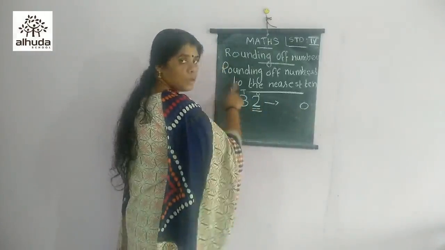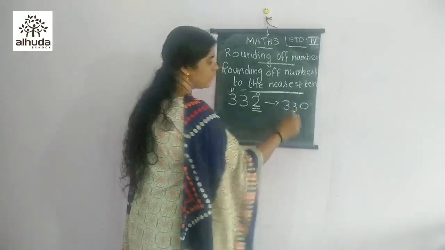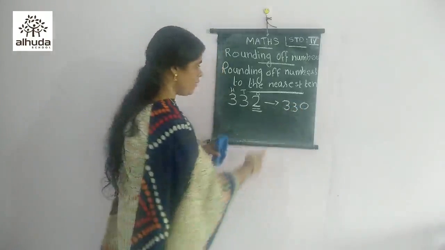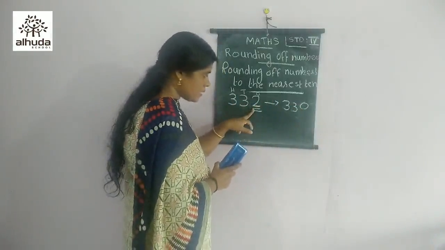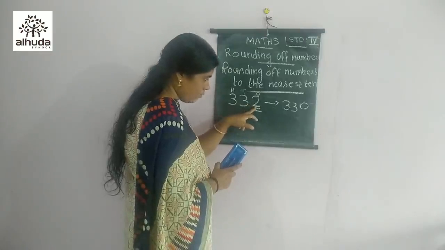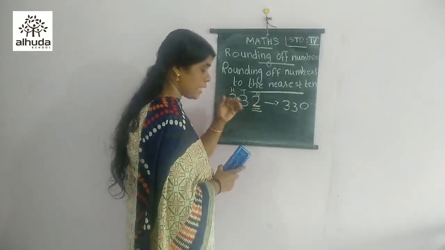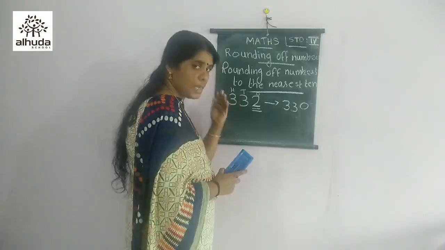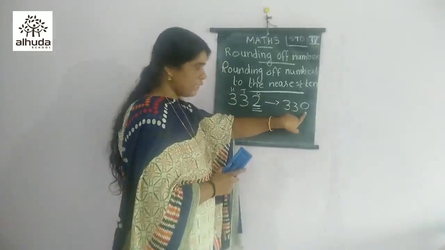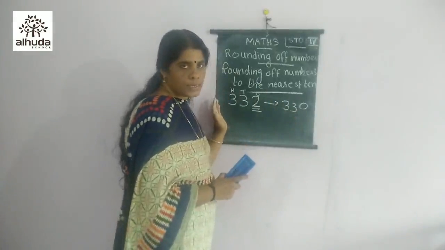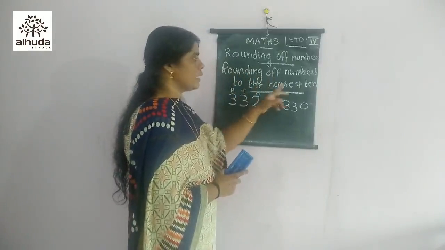Then write the other digits, that is 330. In this way, we are writing. That means if the ones place digit is less than 5, then we put 0 instead of that digit and retain the other digits as it is. Understood? That is called rounding of numbers to the nearest 10.